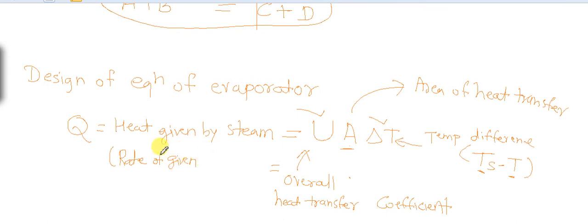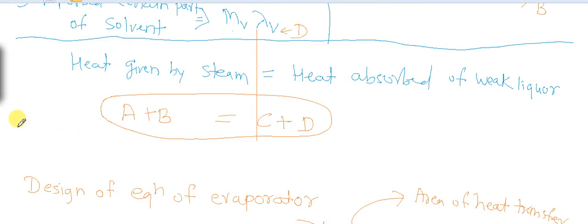Concerned to the time, this is called rate of heat given by steam. So rate of heat given by the steam is equal to UA delta T, where U is the overall heat transfer coefficient, A is the area, and delta T is the temperature difference, Ts minus T. So this particular equation is concerned to the calculation of area.